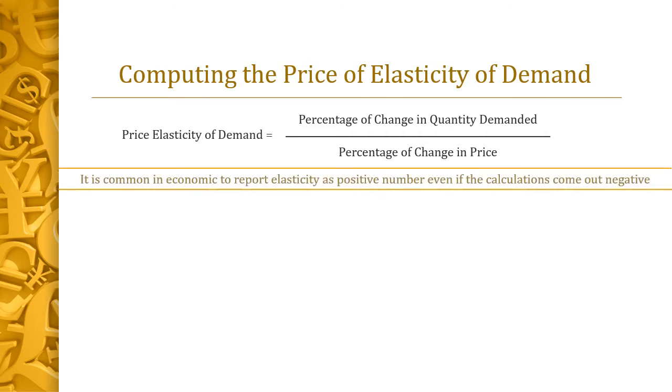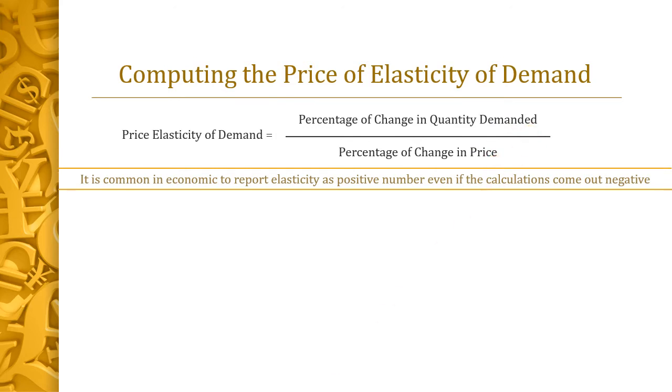One thing, though, is that when you're calculating this, you could get a negative number. And you might be noticing that you don't see any negative numbers when you look at elasticity. That's because in economics, we tend to get rid of the negative number. We use something called an absolute value. Basically, because we're looking at the relationship between these things, we're not really caring if it's positive or negative.